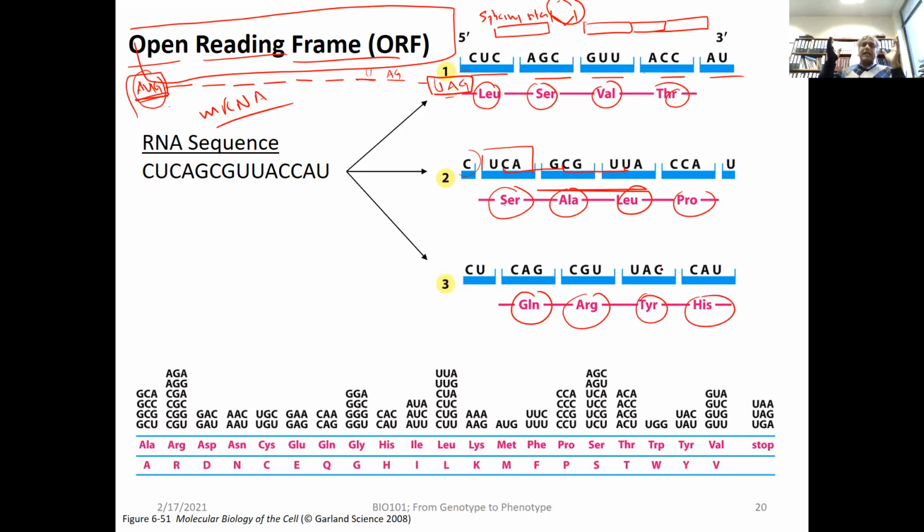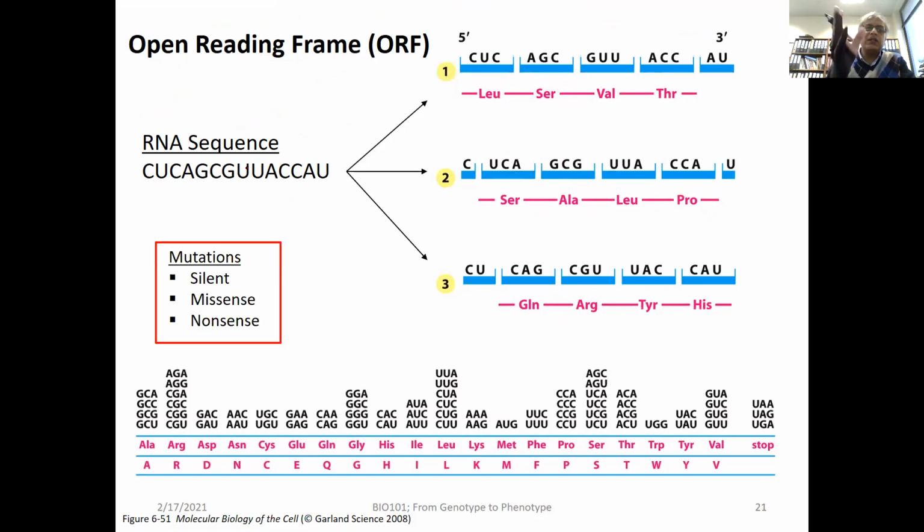So what decides from where the reading frame is going to start? As I told you, for the ribosome, the reading frame is going to start from the AUG sequence. We will talk at the end of this lecture about mutations in the DNA. The silent mutation, missense, nonsense, but we will talk about this later on.